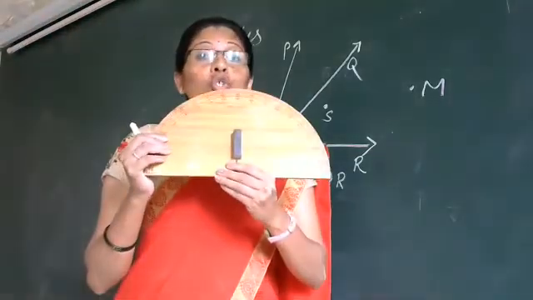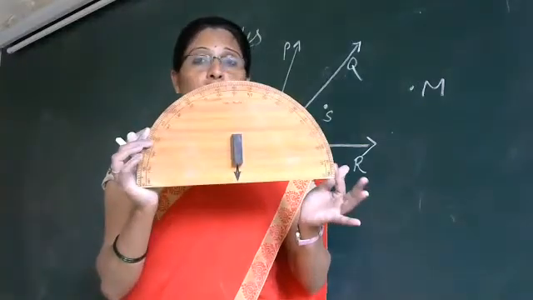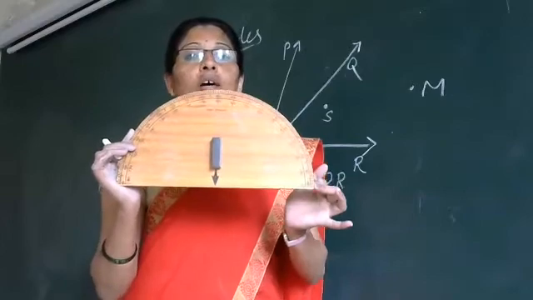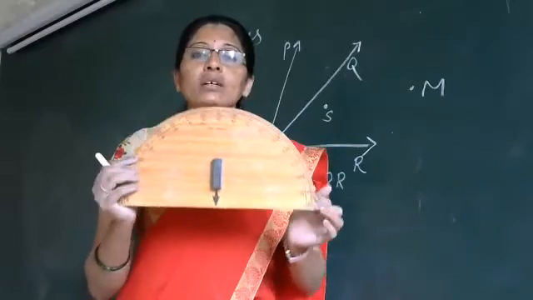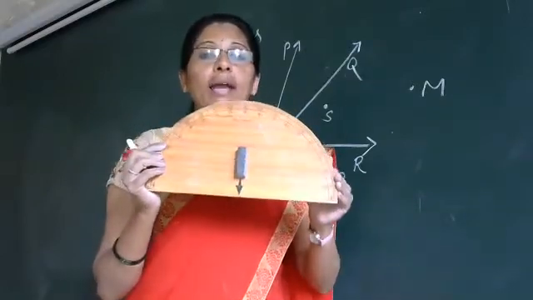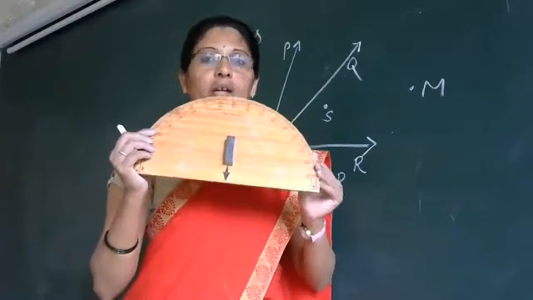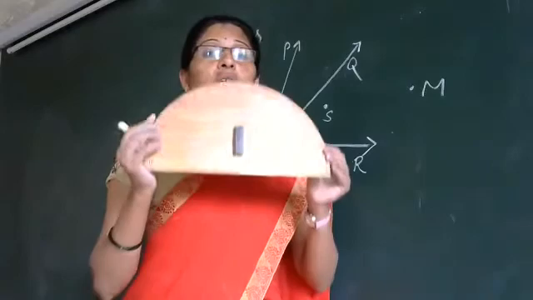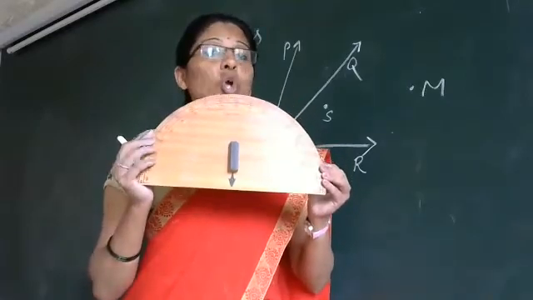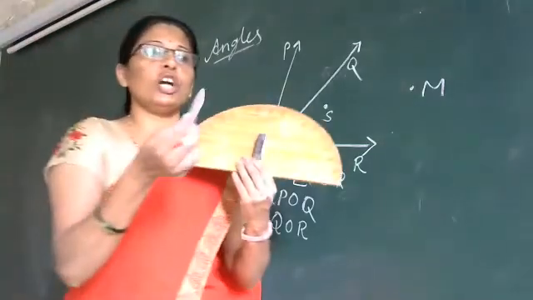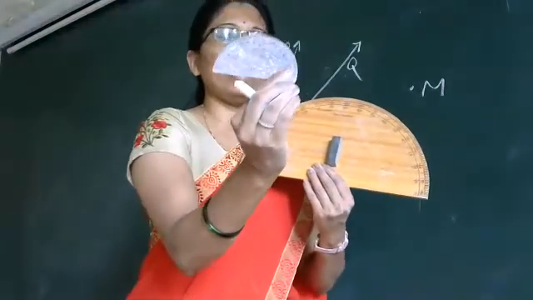Okay, yes, so this is an instrument which is used to measure and draw an angle, to measure and construct an angle. In your geometry box you can see this. What is it called? See, in your geometry box, you will have it like this.